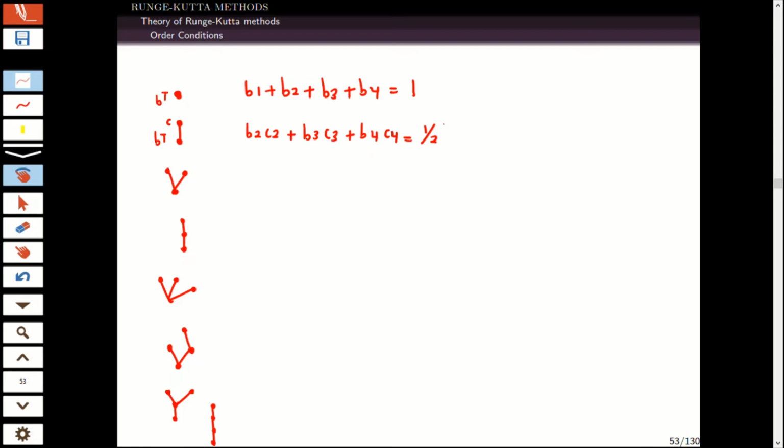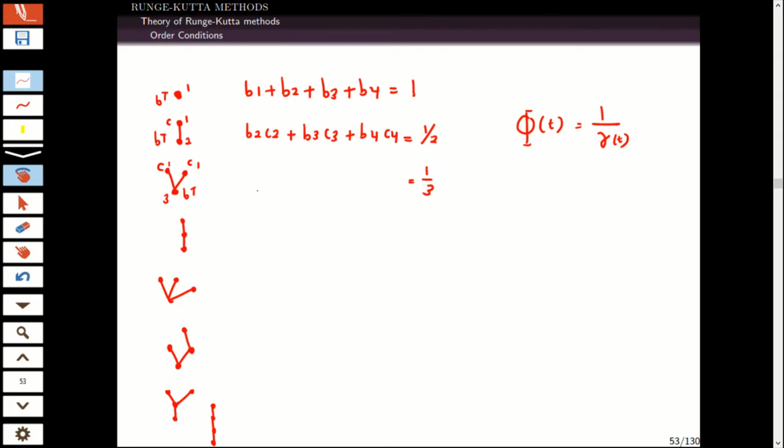Remember, why is it half? Because the order condition is given by 1 over density. This is how you find density: this is 1, this is 2, 2 times 1 is 2, so 1 over 2. For this one, let's label it b transpose cc. Now the density is given by 3, 1, 1. So we have 1 over 3.